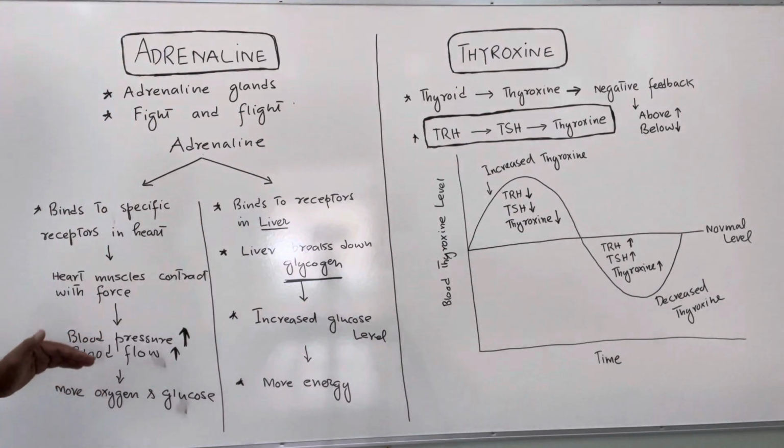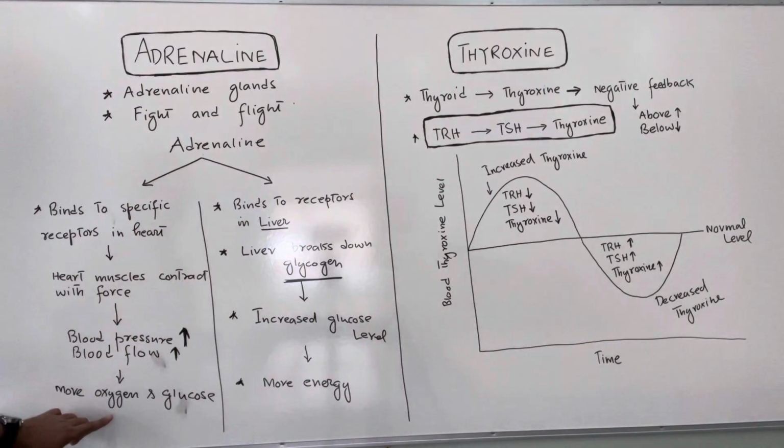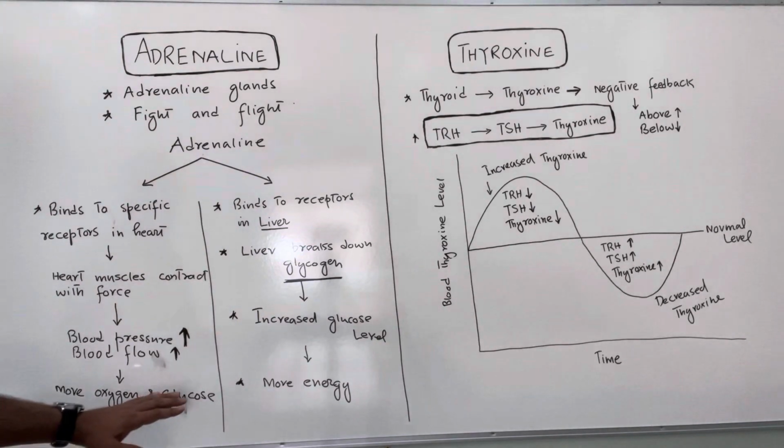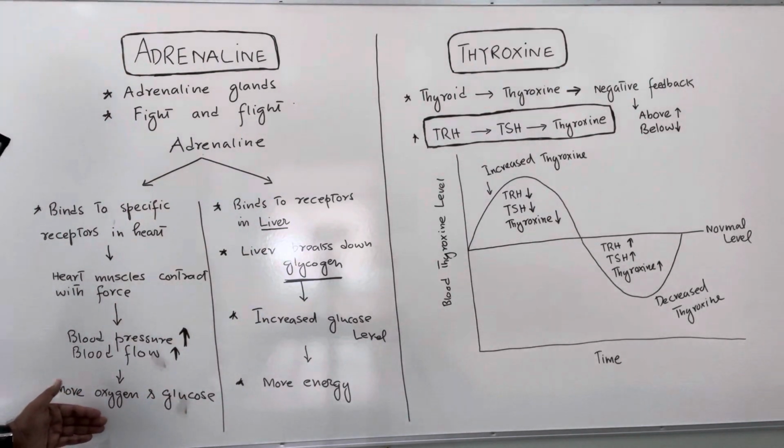More blood flow to our body muscles will increase the amount of oxygen and glucose, and more oxygen and glucose to our body muscles will produce more energy as a result of cellular respiration.